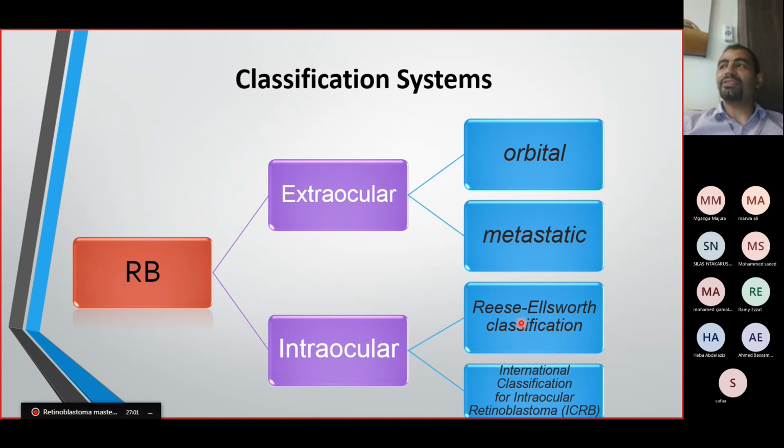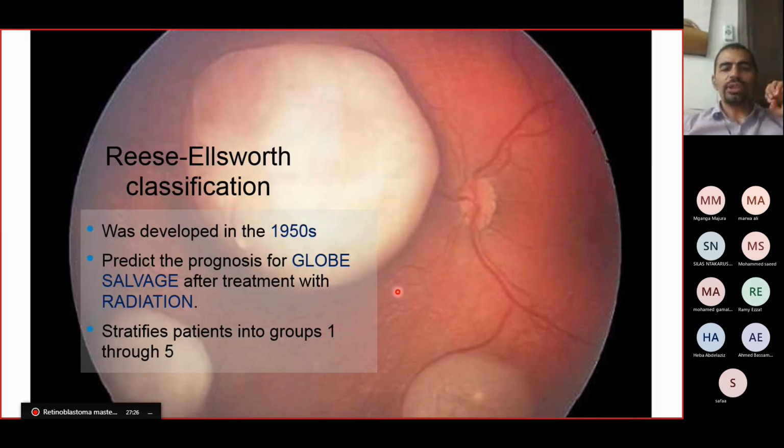So in the past, the classification focused on the treatment modality present at that time, which is the external beam irradiation. This is why in the past, the Reese-Ellsworth classification was more popular. But nowadays, we use the international classification of retinoblastoma because we use chemotherapy. The Reese-Ellsworth classification was developed in the 1950s, when we used irradiation, and it was predicting the prognosis of globe salvage.